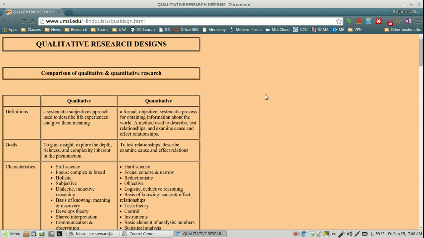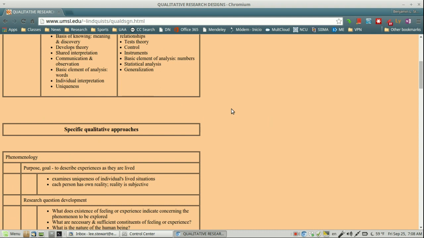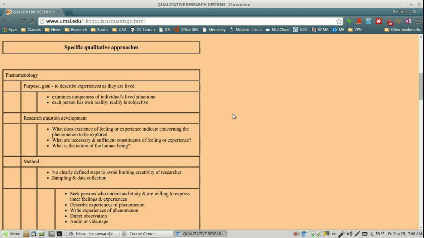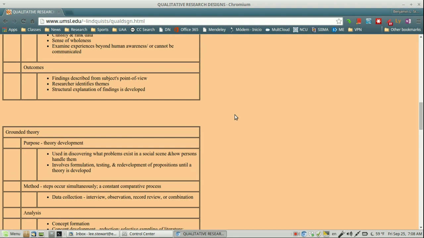So the web page that you see here has a general overview of the different types of research designs, both qualitative and quantitative. I'm going to focus mainly on qualitative research, in terms of probably what you're going to be looking at next semester.